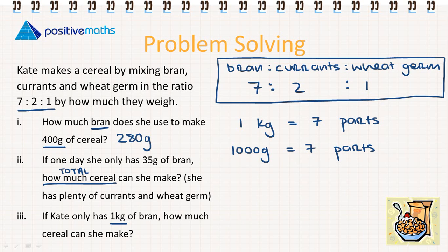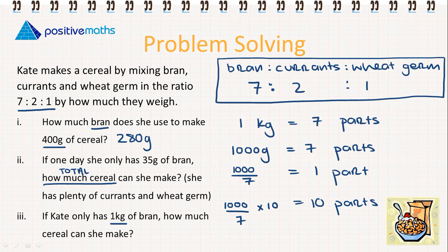Okay, so again, we're going to look for 1 part first. And then we're going to find our total by finding 10 parts. Okay, so 1,000 divided by 7 is going to give us 1 part. And then 1,000 divided by 7 multiplied by 10 will give us our 10 parts.